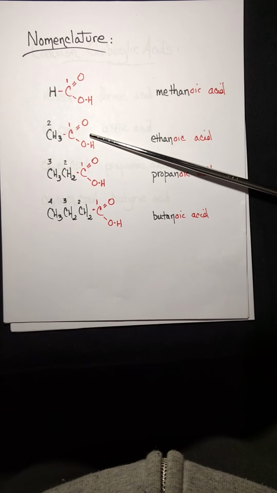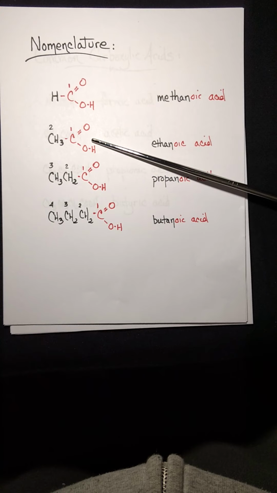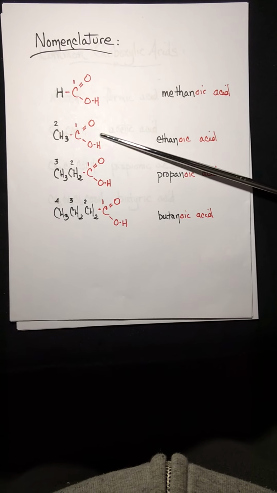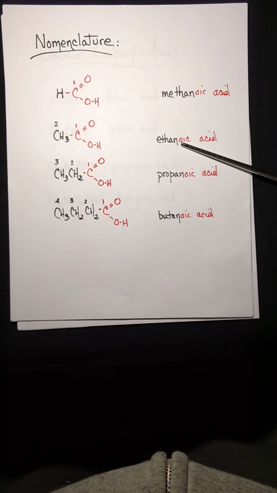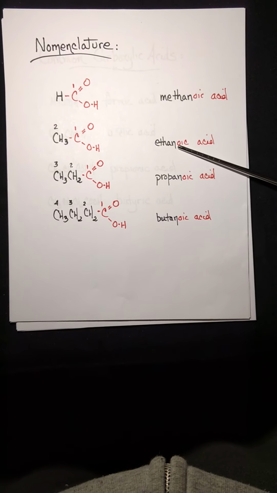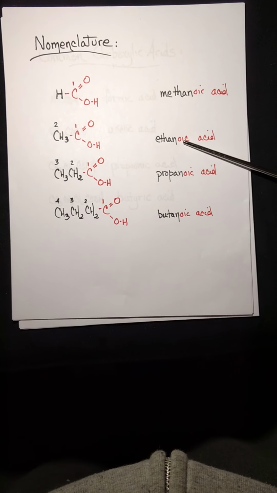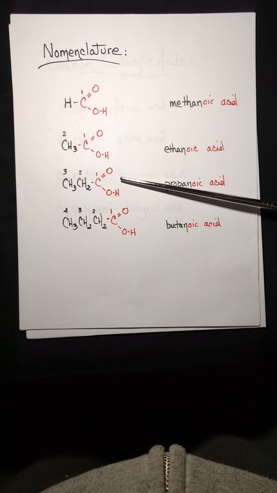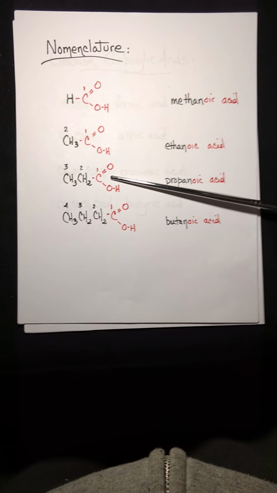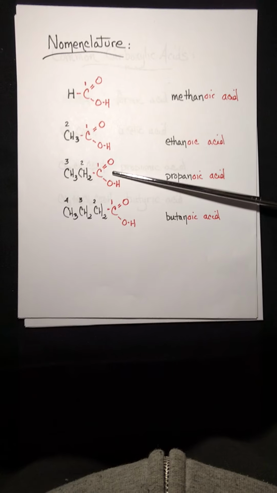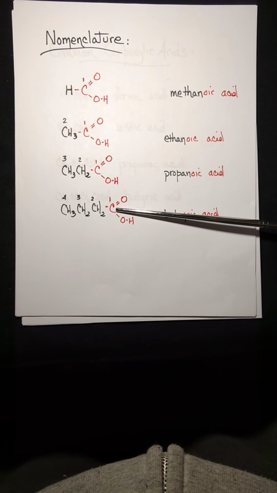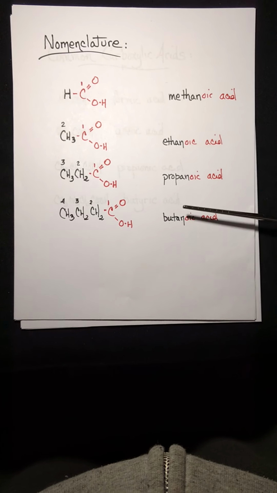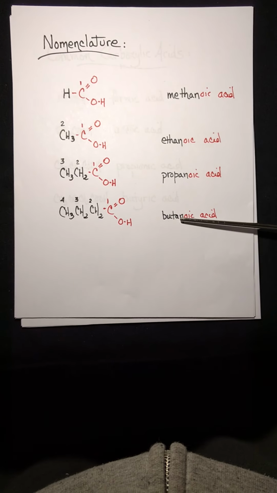A 2 carbon carboxylic acid would become ethanoic acid, where we drop the final E from ethane and again add the OIC suffix. Following suit, we would expect a 3 carbon carboxylic acid and a 4 carbon carboxylic acid to be propanoic and butanoic, respectively.